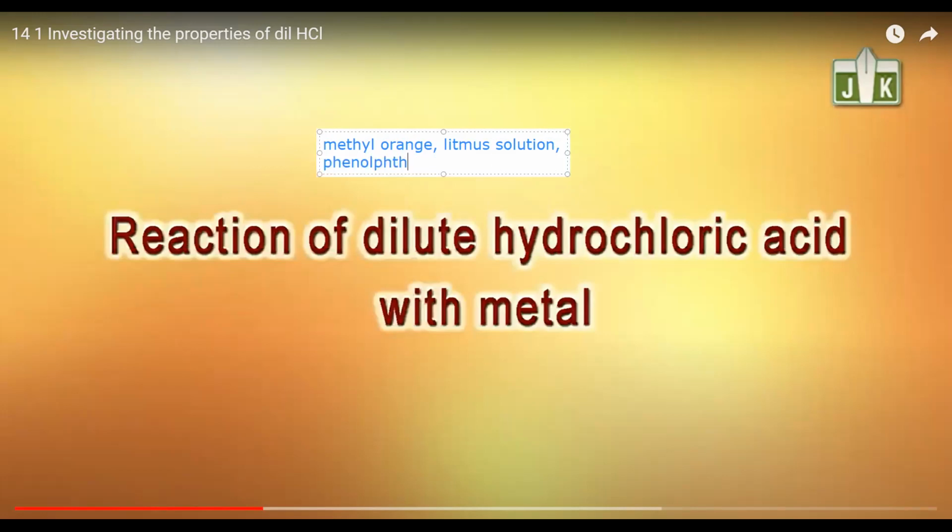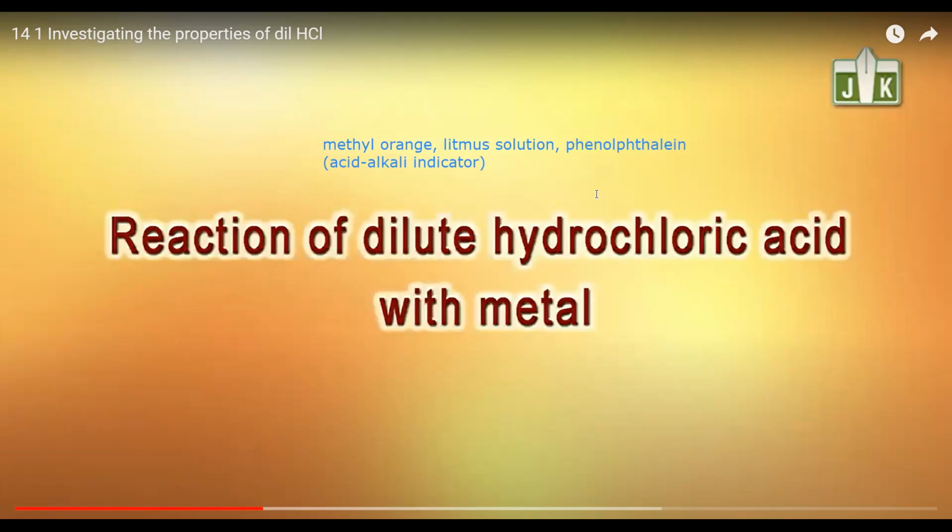So what are we collectively calling them? We call that acid-alkali indicator. Its purpose is quite similar to pH paper, to universal paper. It is used to roughly tell you whether the solution is acidic or alkaline.